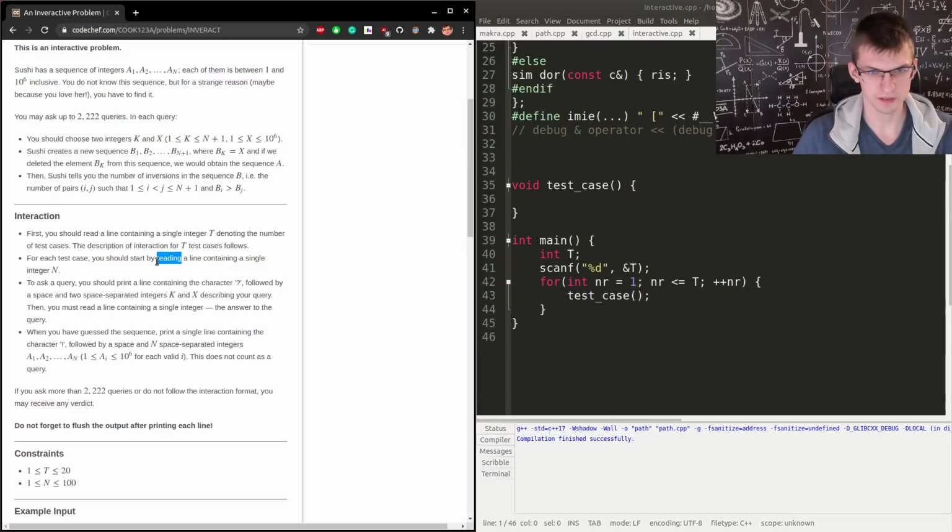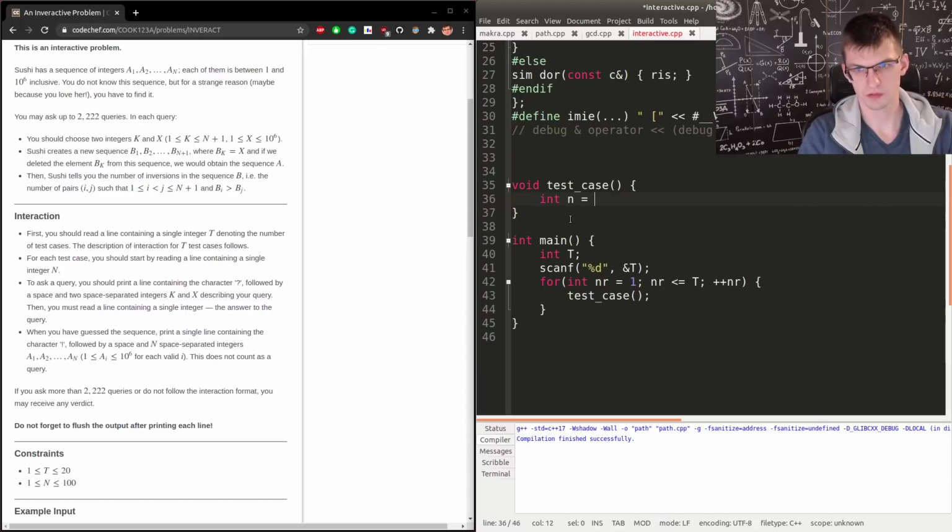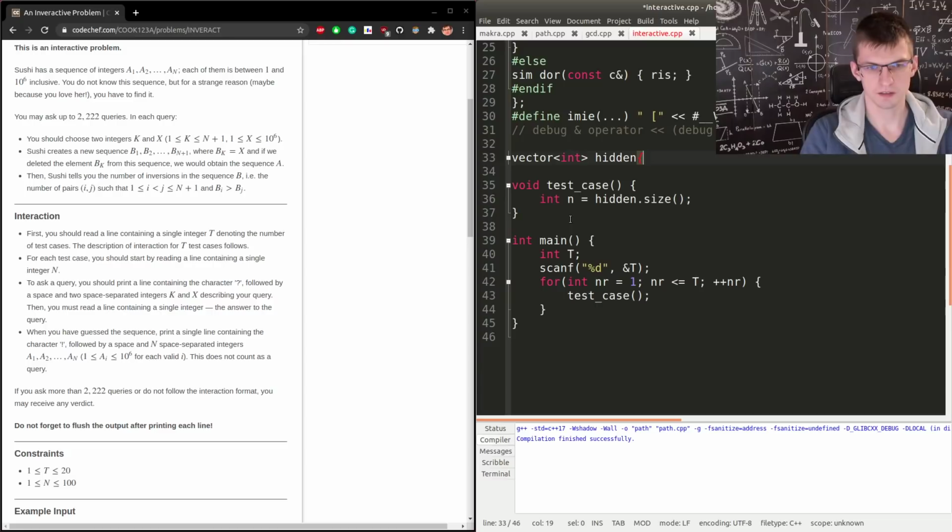Number of test cases, read n. Let's say that n is 5. I need some testing. Let's say that the hidden sequence is this. Doesn't really matter.